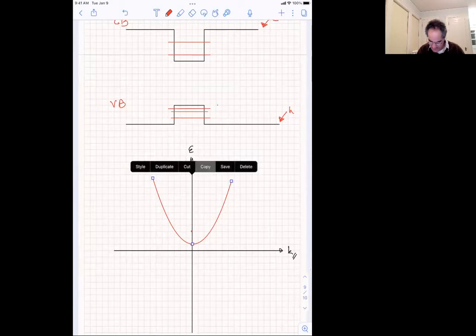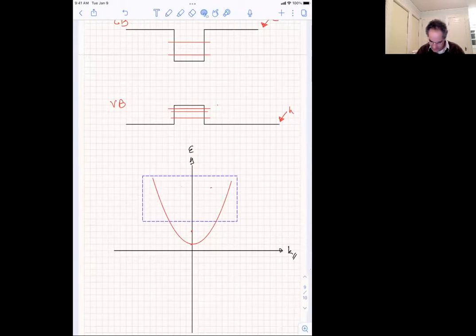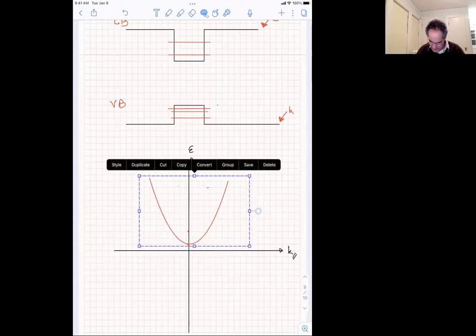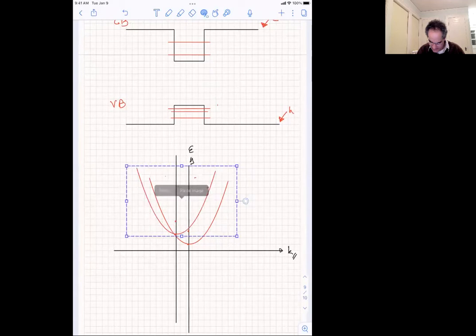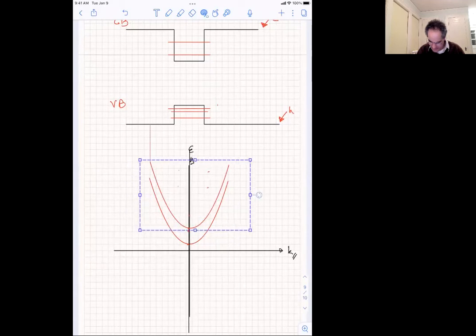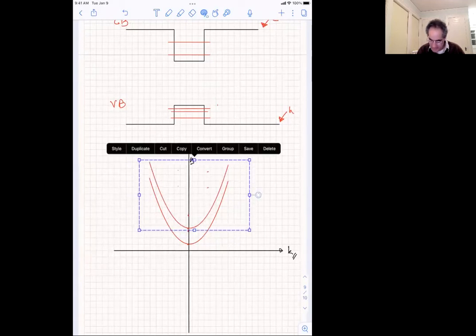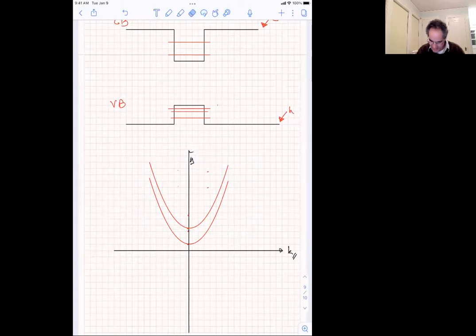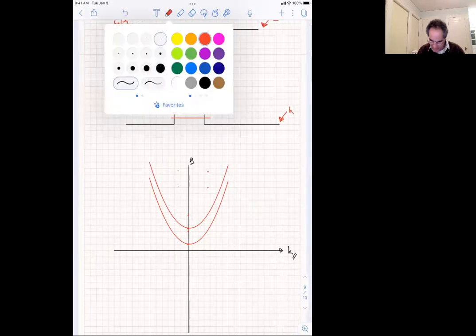There we are. Okay, there are my two electron energy subbands in the conduction band, but we'll also have hole subbands in the valence band.